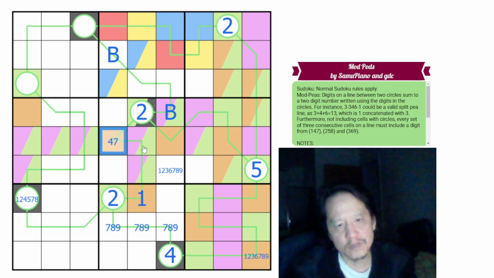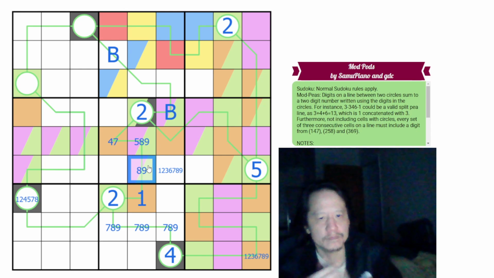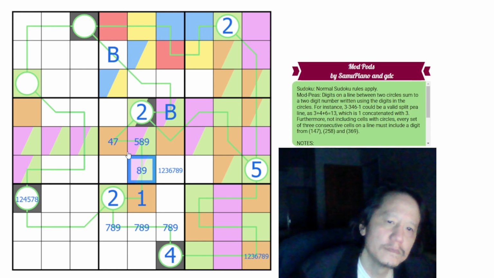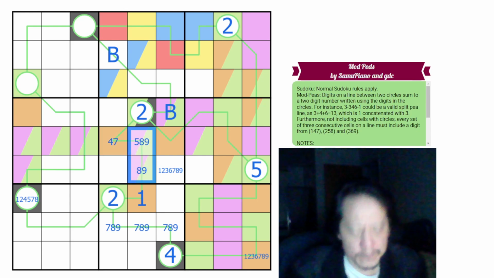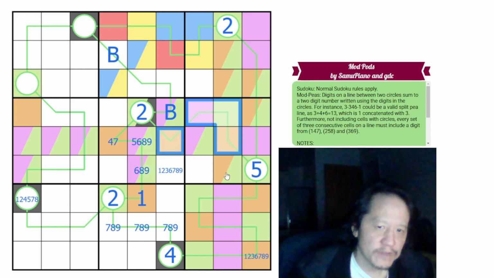This is 4 and 7. This could be 8 and 9, or it's 4, 5, 9. Sorry, 7, 5, 9. It could be 7, 6, 8 too. This would add up to 25.